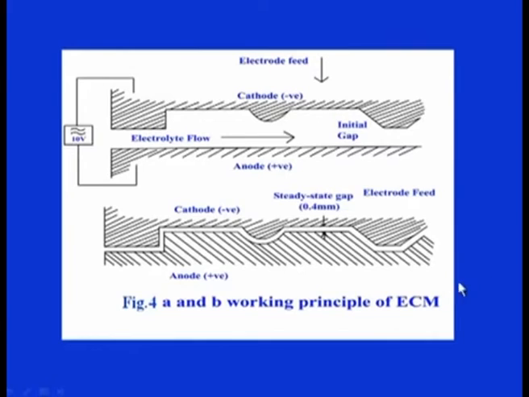ions, metal ions. A suitable electrolyte, for example, an aqueous sodium chloride, is commonly chosen. In order to remove the products of machining, the electrolyte is pumped through the gap between the two electrodes. The rate at which metal is removed from the anode is approximately in inverse proportion to the distance between the electrodes.